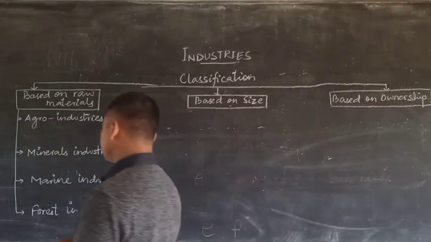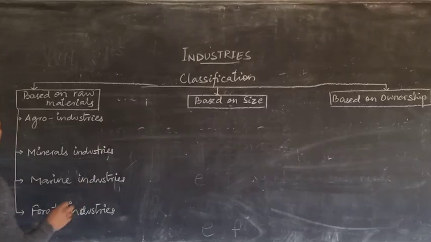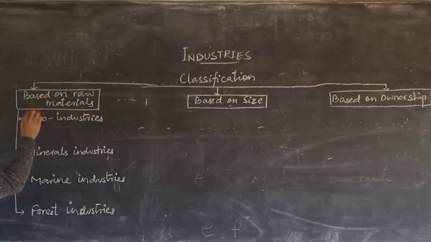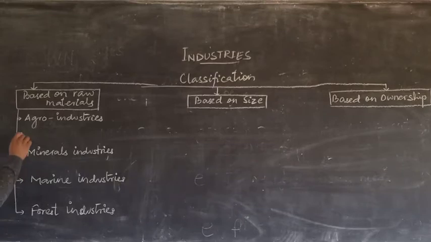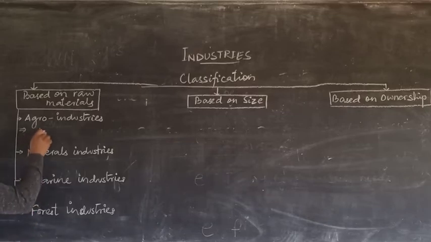So on this basis, the first type of industry classified under the broad head of raw materials is agro-based industry. The agro-based industries are the industries which use raw material from agricultural products.